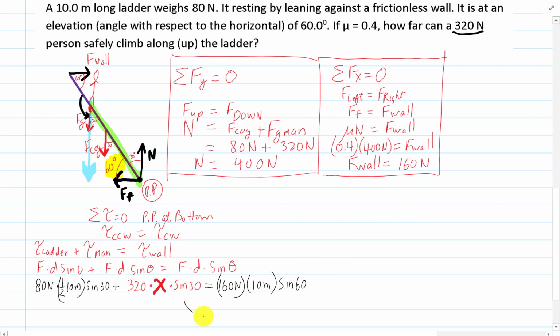Okay, I'm going to bring that over up here. And we get the sine of 30 is 1/2, and 1/2 of 320 is 160.